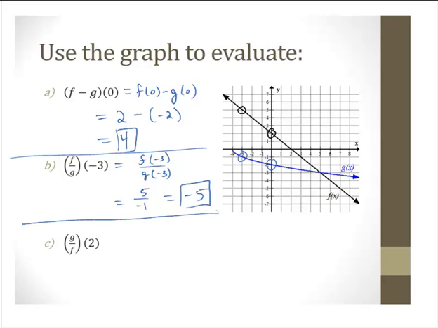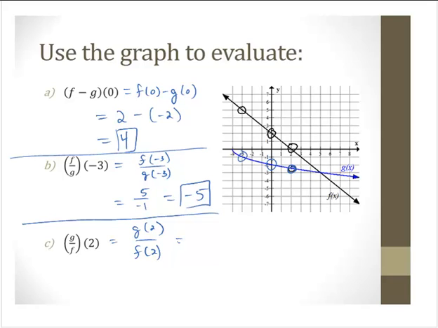Exercise C, we have g over f of 2. That would be g of 2 over f of 2. See, g of 2 is about 2.4 maybe. Wrong color, that should have been in blue. Alright, so about negative 2.4, and f of 2 is 0.